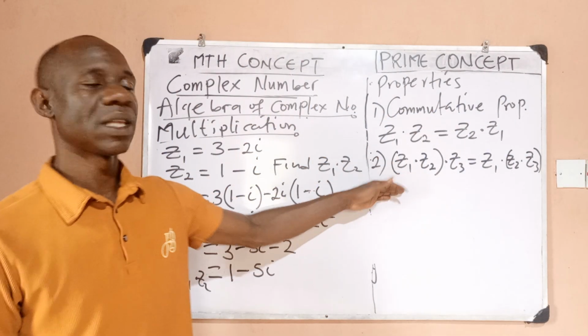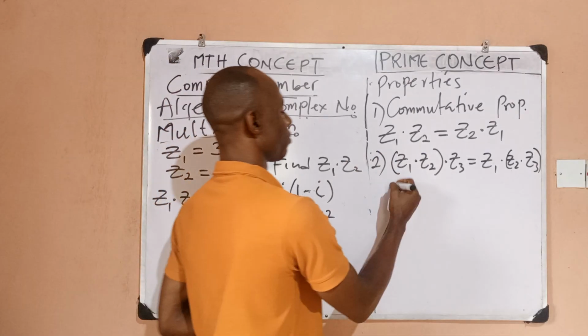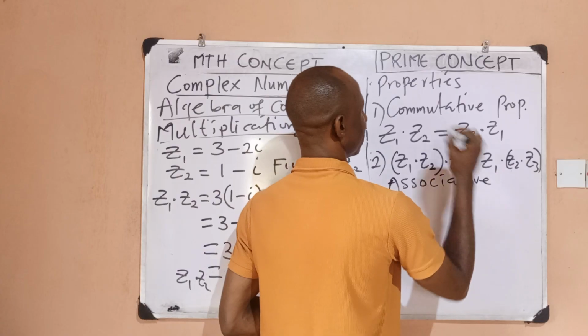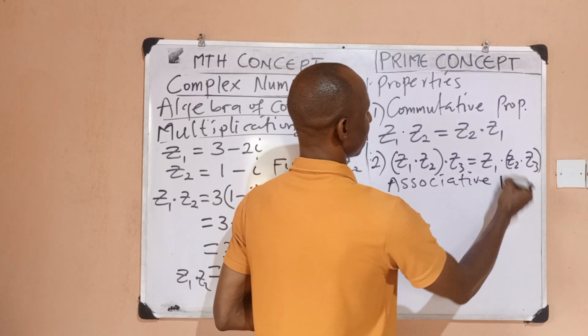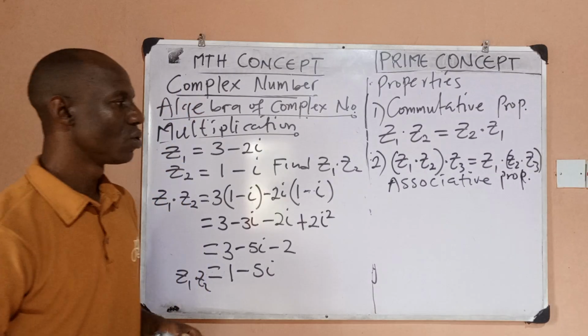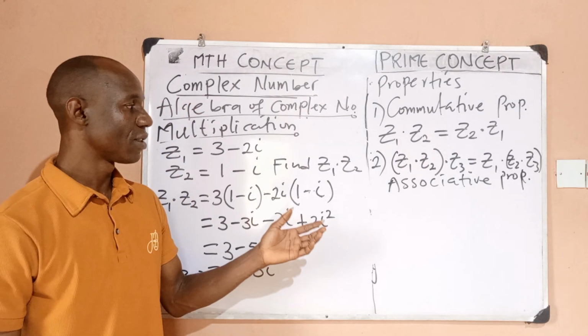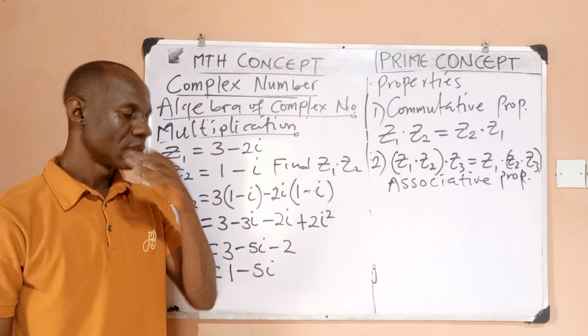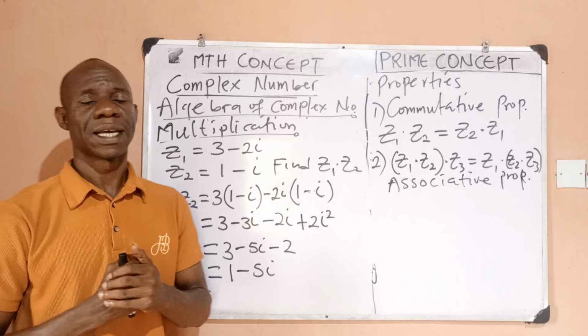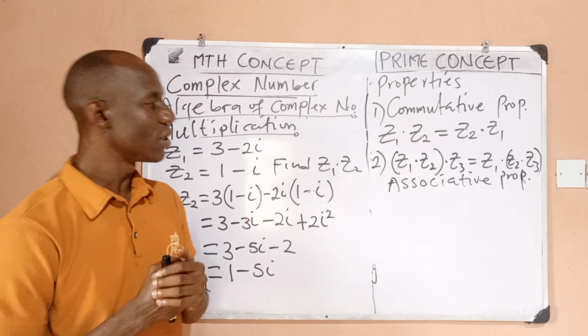So I want to just point out these two properties. We have more, but let's just stick to this. We should know these properties, right? Yes. So this is true.